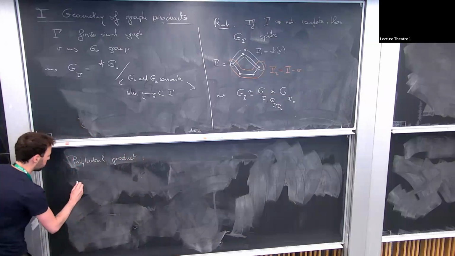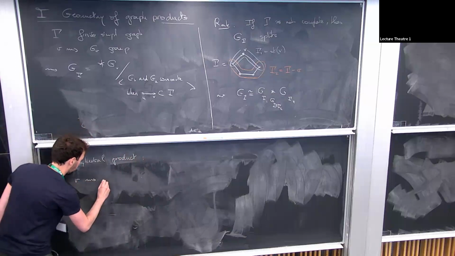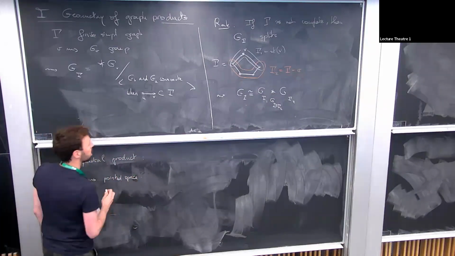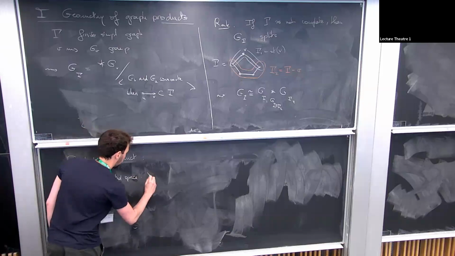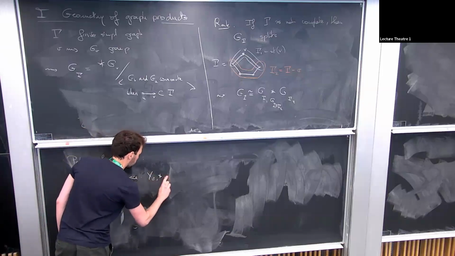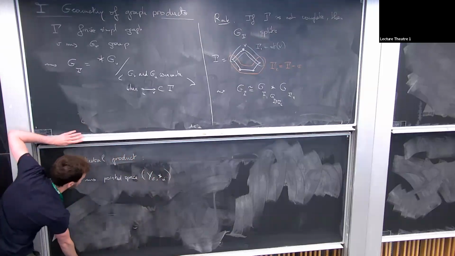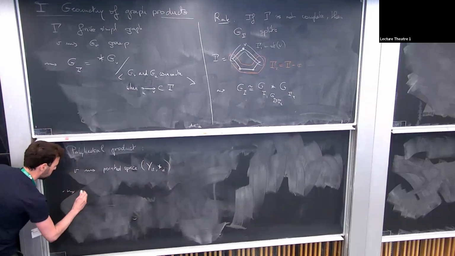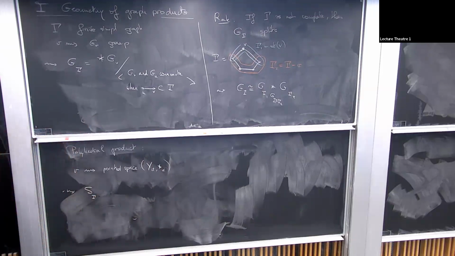What we're going to do is, for every vertex V, we associate to it a pointed space Y_V with a base point star_V, and to this we can associate the polyhedral product, which I'm going to denote S_gamma, because I'm going to look at the connection with the Salvetti complexes in a bit.